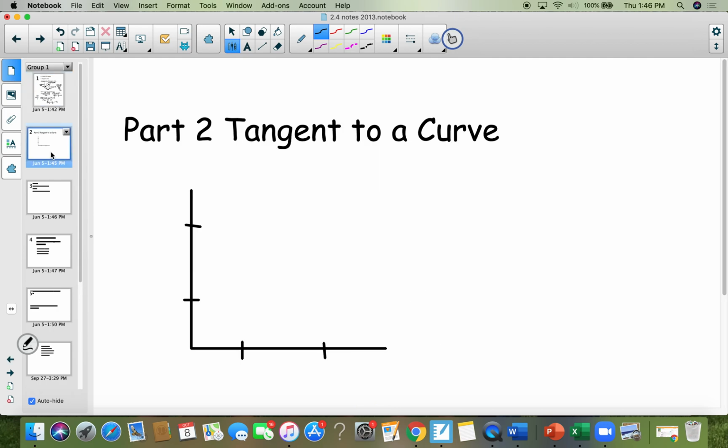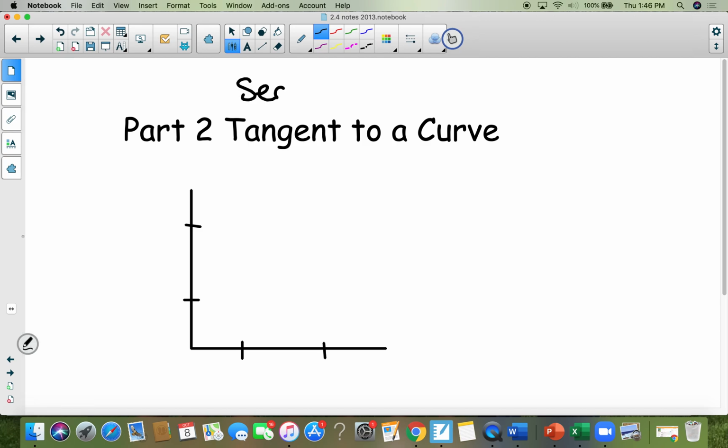Okay, now comes the tangent to a curve. What's the difference between the rate of change or the secant line and the tangent to a curve? Let's put the secant line up here too, so you know the difference between these two. Instead of using numbers, the book explains what a derivative is using a variable.